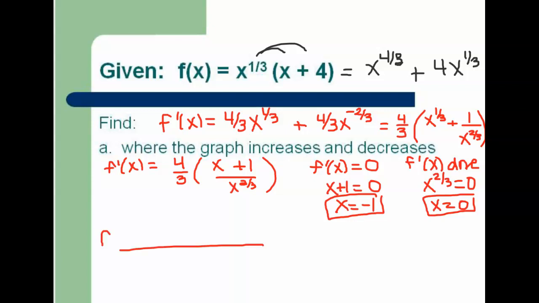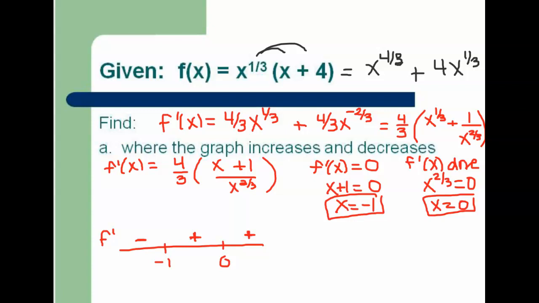So on my f prime number line, I have negative 1 and 0. So we're going to find the signs to the left and to the right. The sign to the left is negative, in the middle is positive, and to the right is positive.